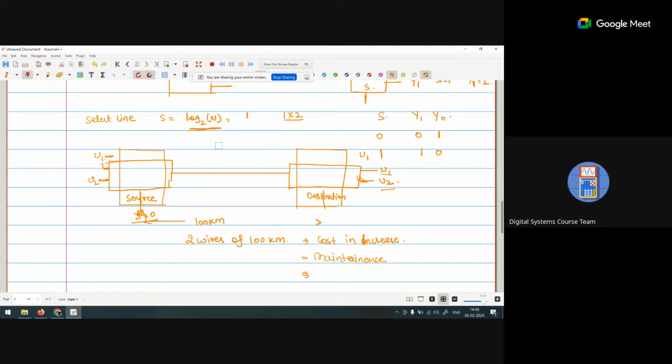We include header files with the data, so it is easily analyzed which data is transmitted and for which receiver. But if we receive the data at one particular part, we have to distribute this data to u1 and u2 on the basis of the select line. So this is a mux and this is a demux.